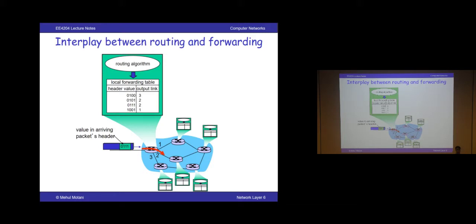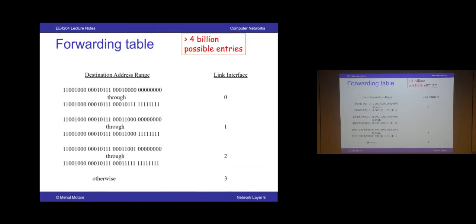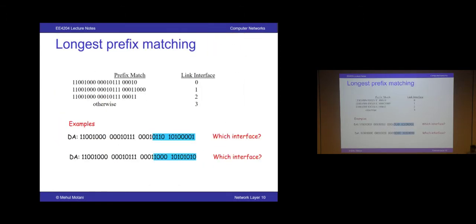And the forwarding table tells the router, given an input packet with a certain destination, what output interface do I forward it to, right? And then we looked at a forwarding table here. And we saw that because of the hierarchical nature of IP addresses, a router just needs to store a prefix, meaning the unique prefix that identifies that range of addresses.